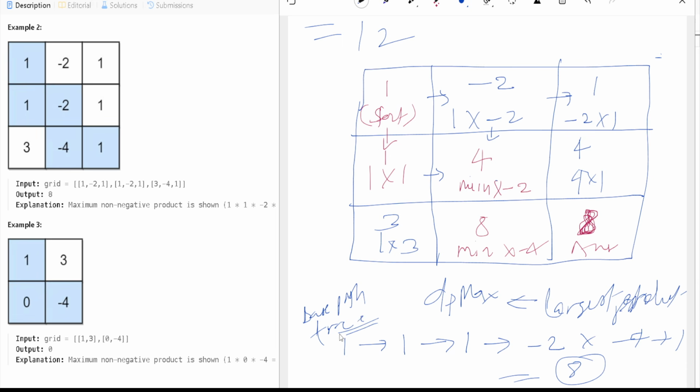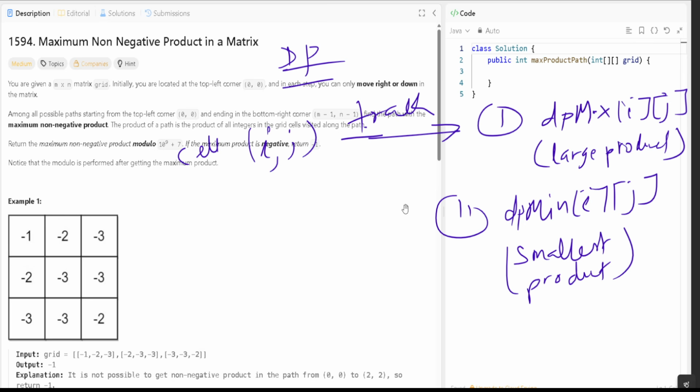Okay, so like that we have to find the path at each time, at each grid, and then you will find the answer. Now you understand that at each cell you need the dp max and the dp min, right?